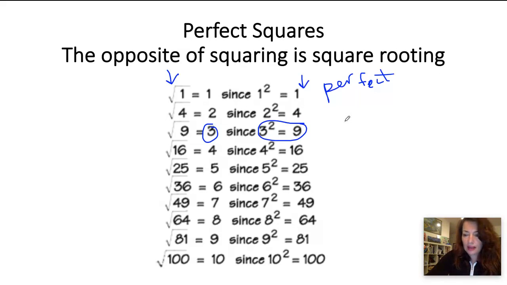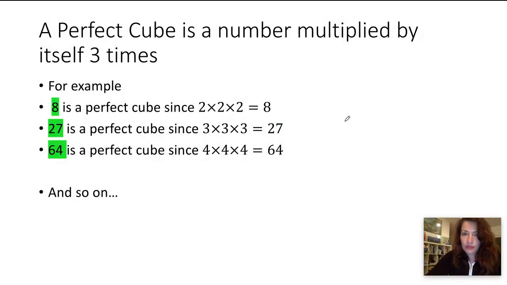Let's go ahead and look at perfect cubes. A perfect cube is a number times itself 3 times. So for example, 8 is a perfect cube since I can write it as 2 times 2 times 2, which is equivalent to 2 cubed. And 27 is a perfect cube because we can write it as 3 times 3 times 3, or 3 cubed.